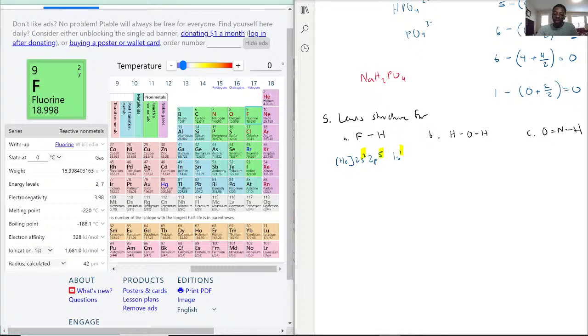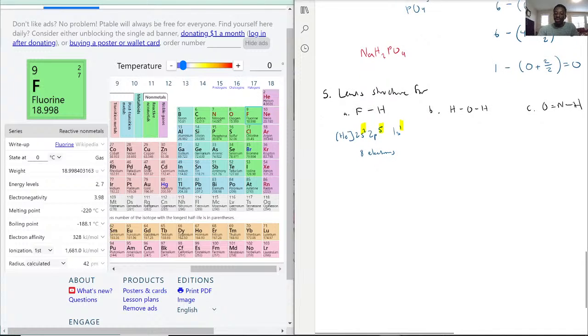So in total, we want this Lewis structure to have 8 electrons. To draw that, it doesn't really matter which one you start with, there's only 2. We have the F, and it's sharing a bond with hydrogen. Hydrogen has now used up its 1 electron, so it's good. But fluorine has only used 1 of its 7, so it has 2, 3, 4, 5, 6, 7.